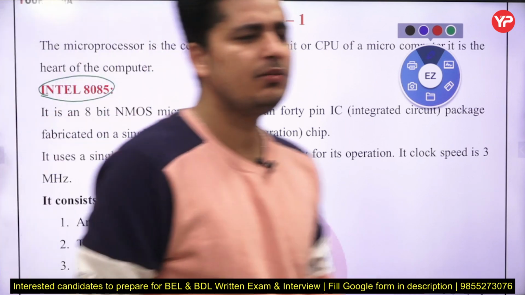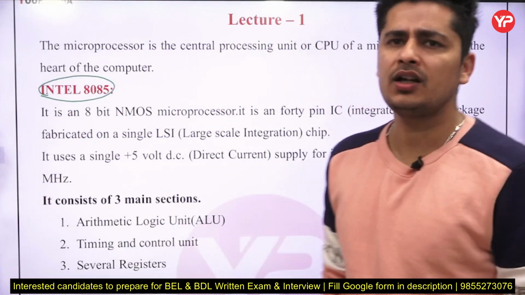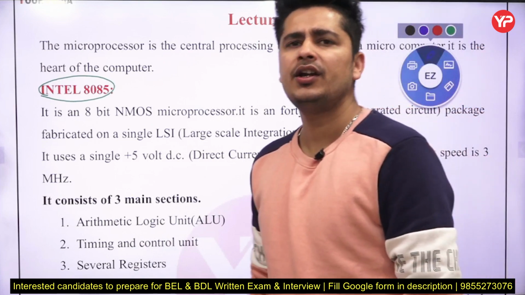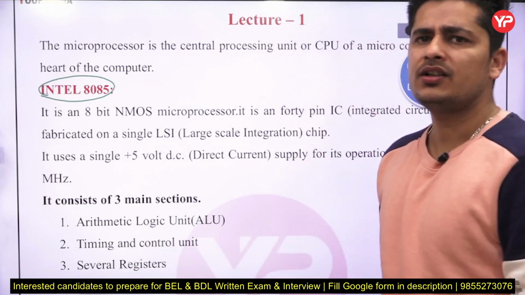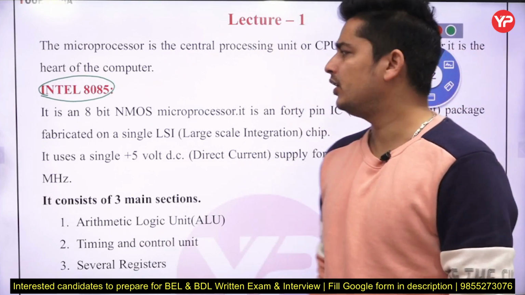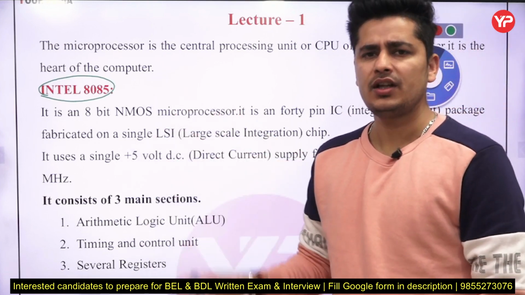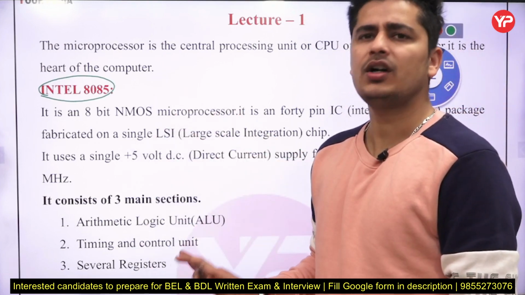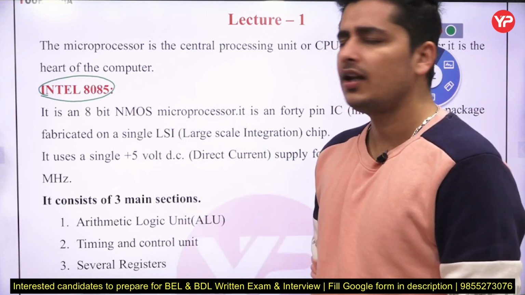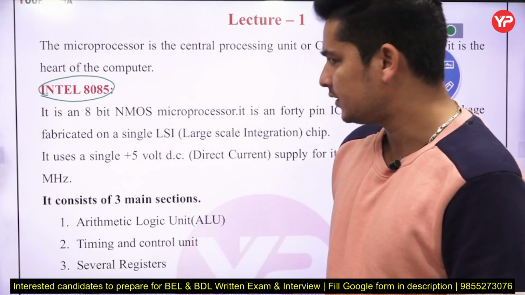Before that several microprocessors came, Intel 4004, Intel 8008, and like that. There are several microprocessors, but they are low level. So in our syllabus it is the Intel 8085 microprocessor.